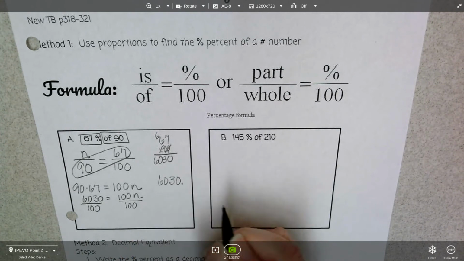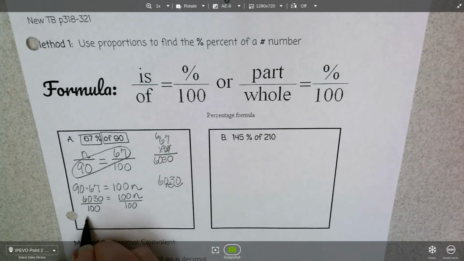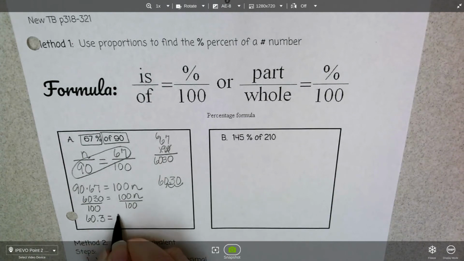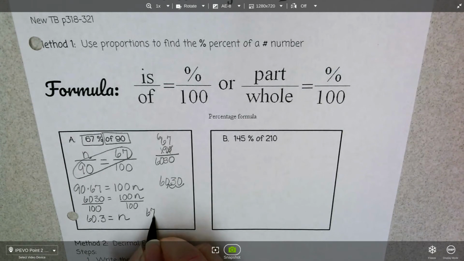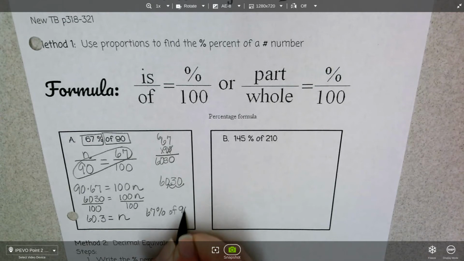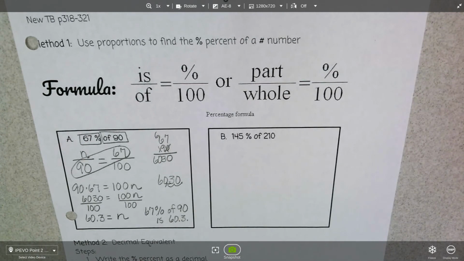Pull it out of its hiding place. When we divide by 100, 1, 2. So our answer is 60 and 3/10 equals n. So 67% of 90 is 60 and 3/10.